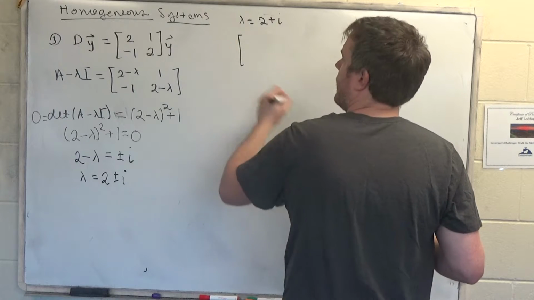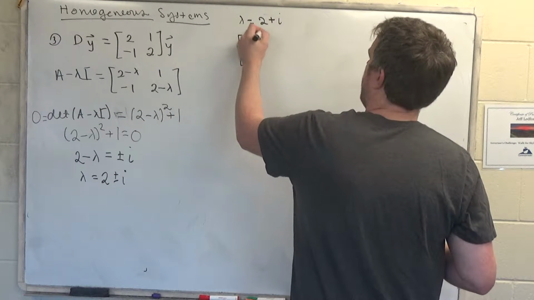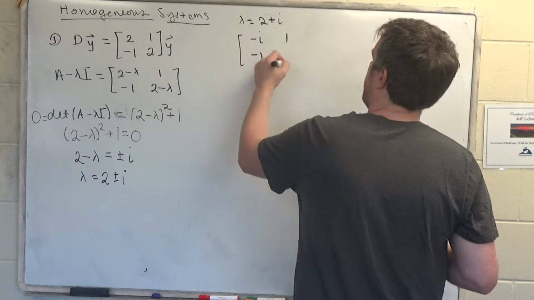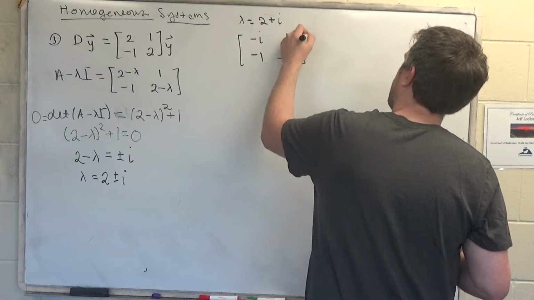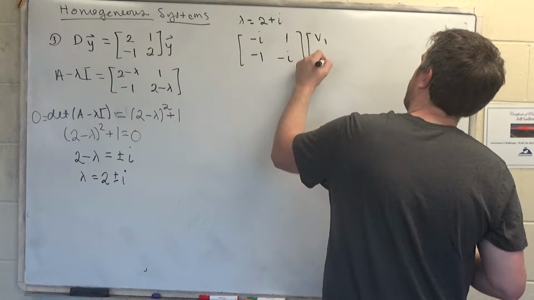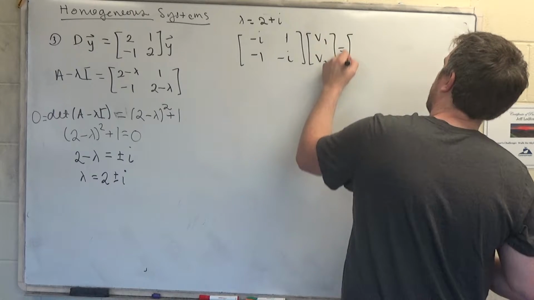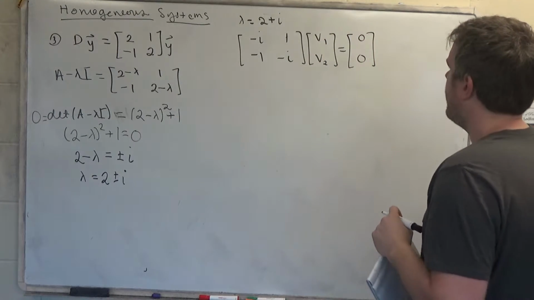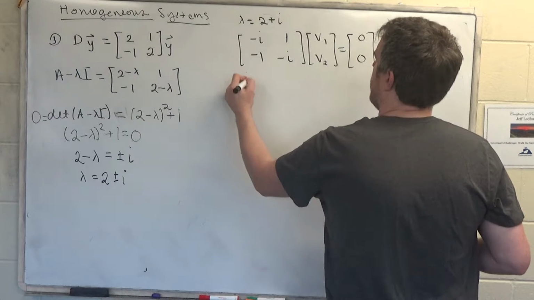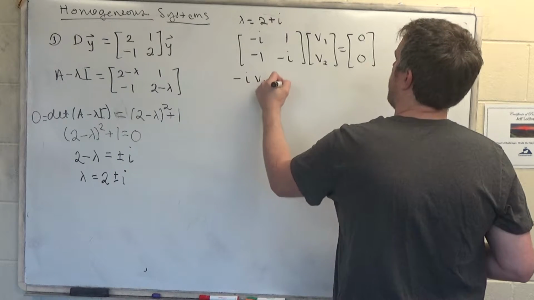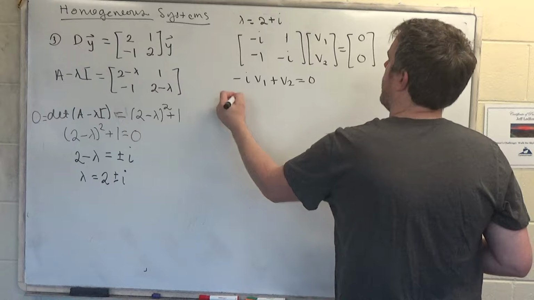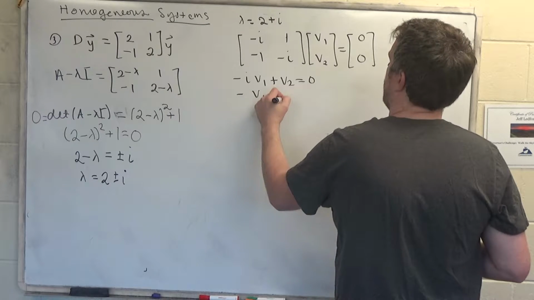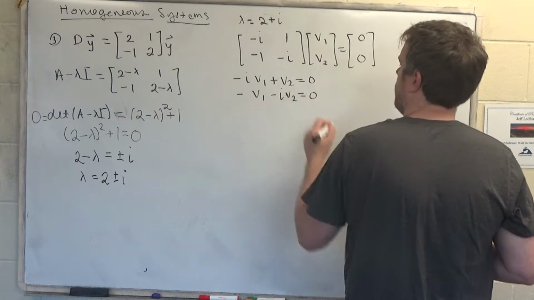If I plug this in, I get [[-i, 1], [-1, -i]]. And if I call the vector components v1 and v2 as usual, then I get the two equations, -i v1 plus v2 equals 0, and -v1 minus i v2 equals 0.